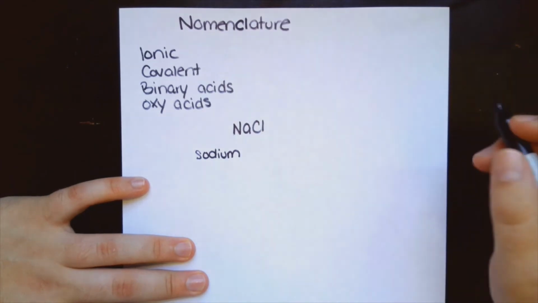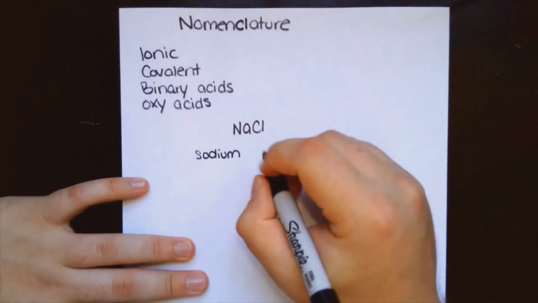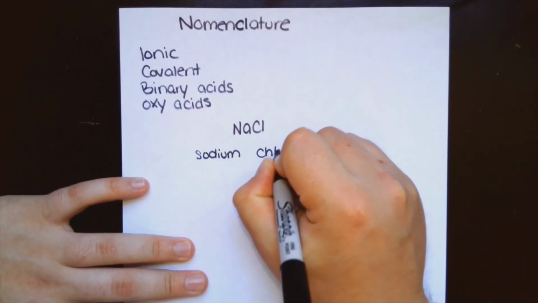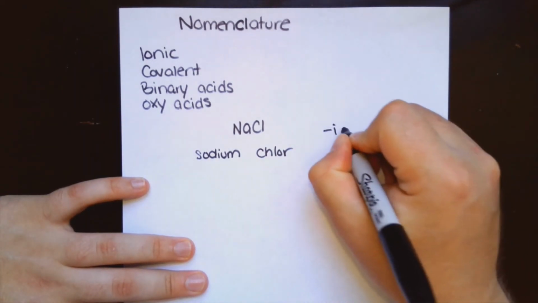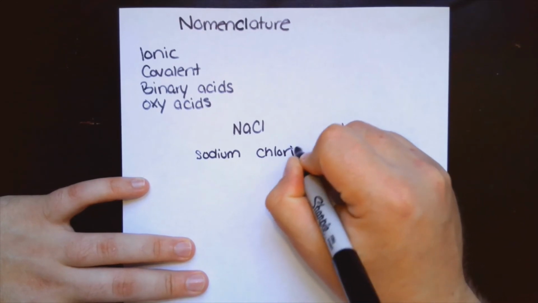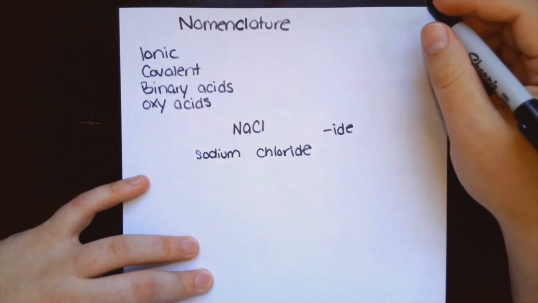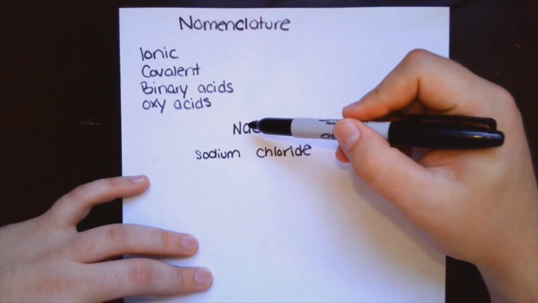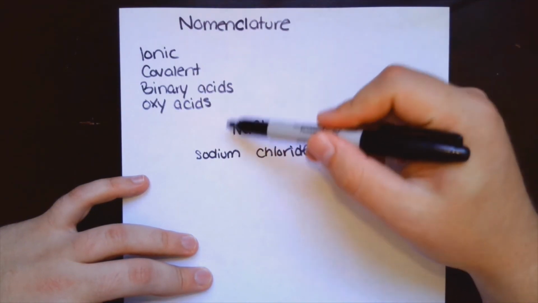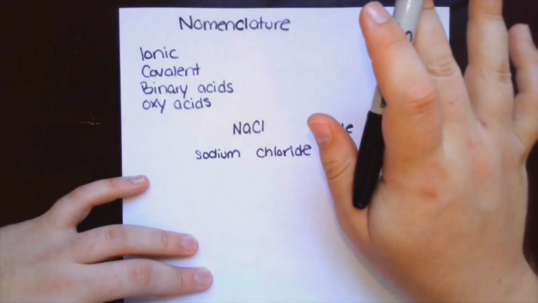This is chlorine. The root of that is just chlor. So we say chlor, and then give it an IDE ending. So it becomes chloride. And that's actually it. Now, if your metal is a main group metal, like sodium is, for instance, you're done. That's all you have to do.